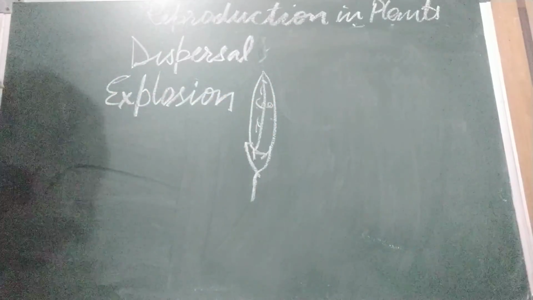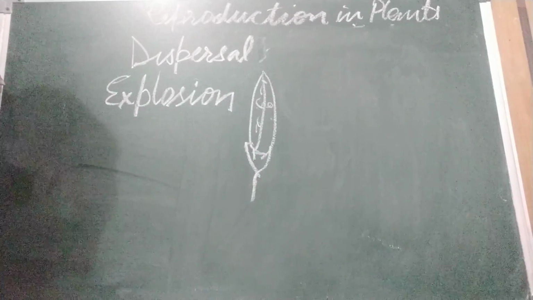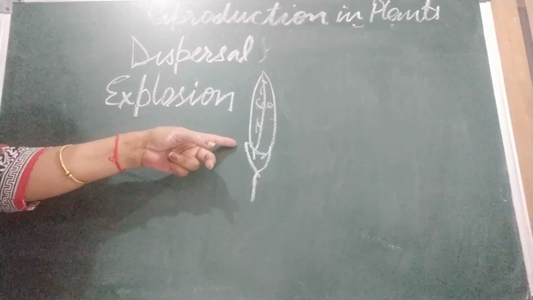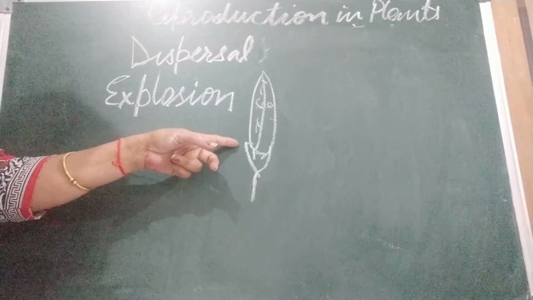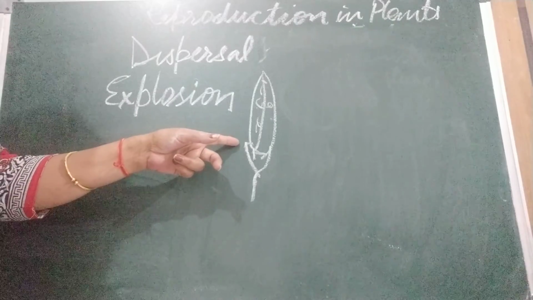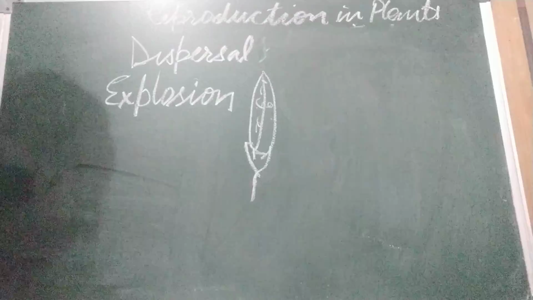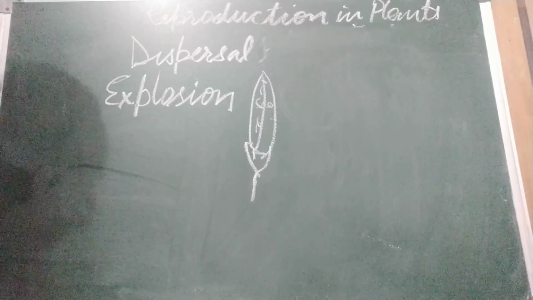In the simplest way, seeds are automatically set free by opening of the fruit. An explosive mechanism bursts the fruit open to release the seeds. For example, pea plant, castor and balsam.